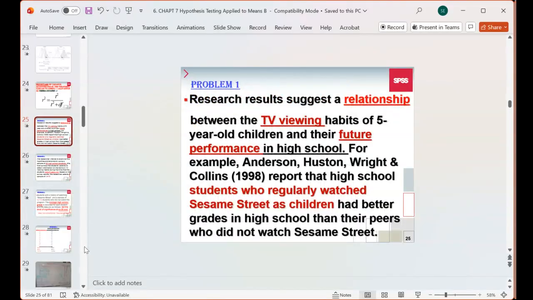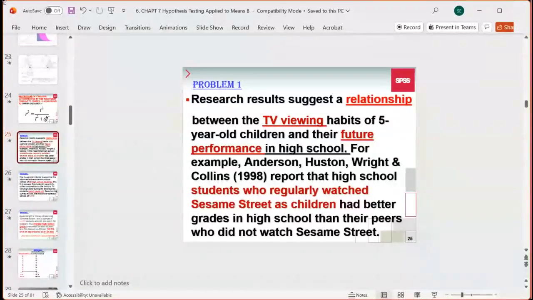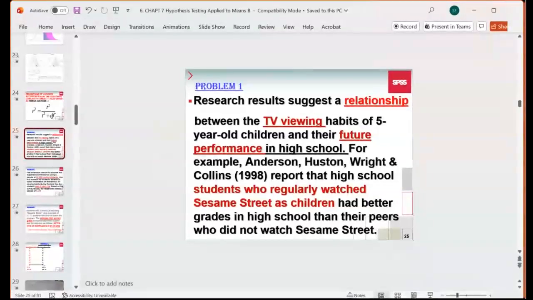So let's go over the research problem. We're going to go over this research problem, go over the calculations, and then we're going to do the SPSS, so you know how it's done.